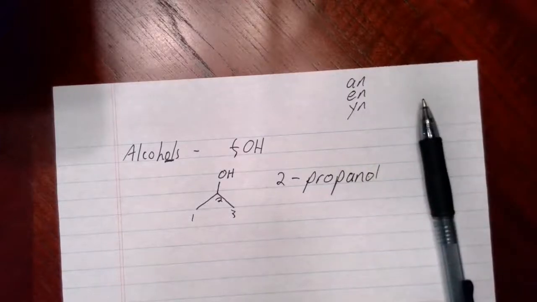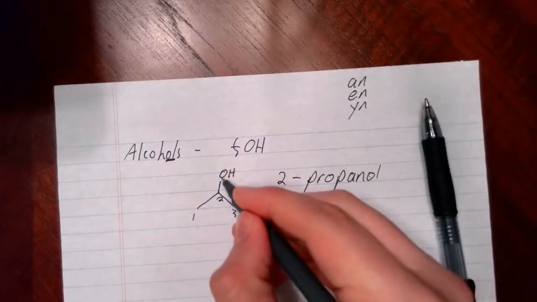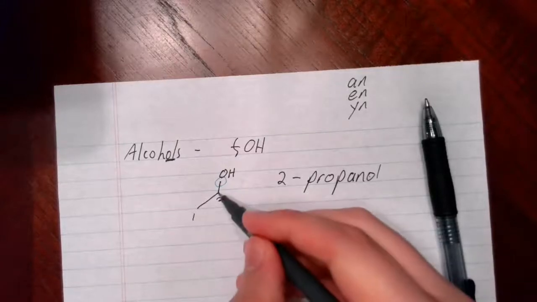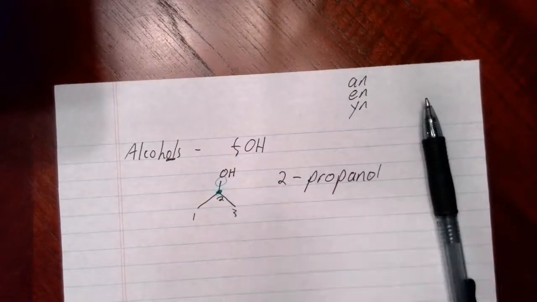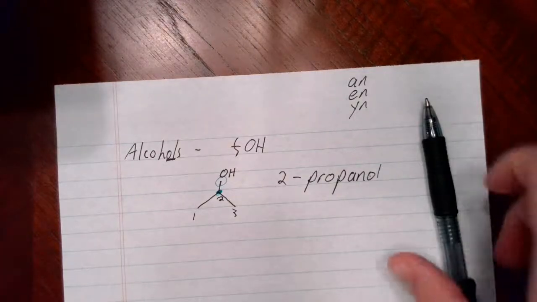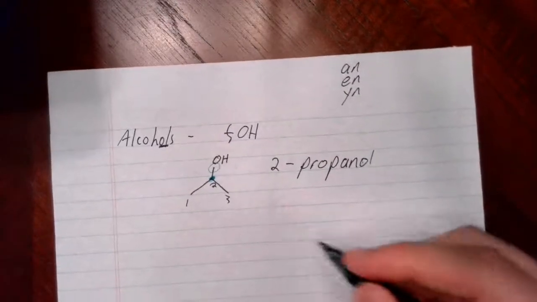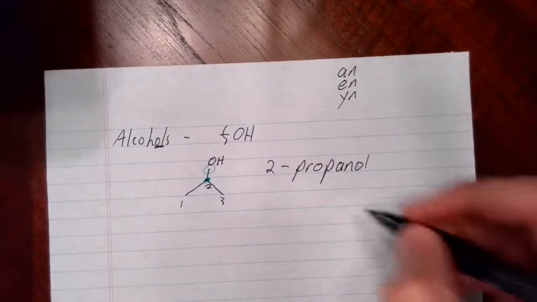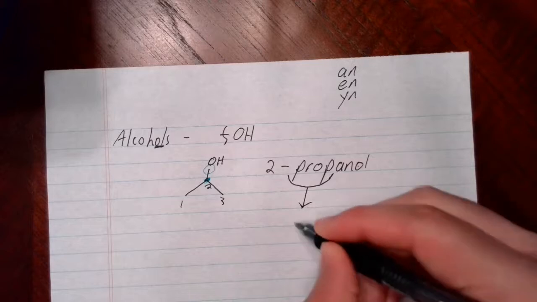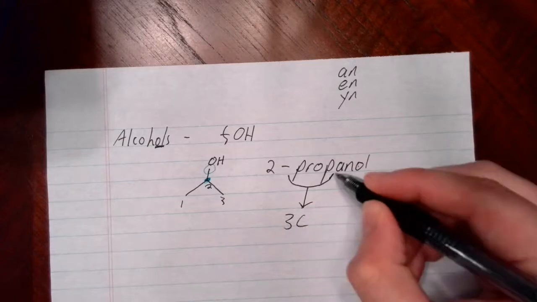Okay? So just so we're on the same page, this right here is not a carbon. That is just showing where this carbon is bonded to that oxygen there, so don't be confused by that. So let's go ahead and look at another one. Actually, let's look back at this name, make sure we're on the same page. So the prop part of the name tells me there are 3 carbons.